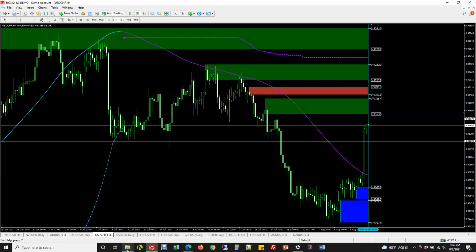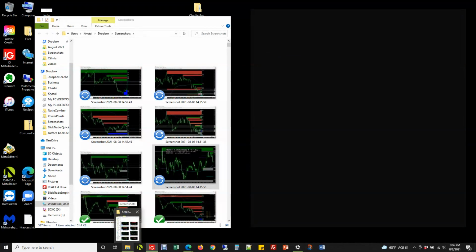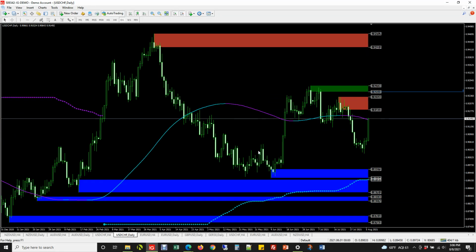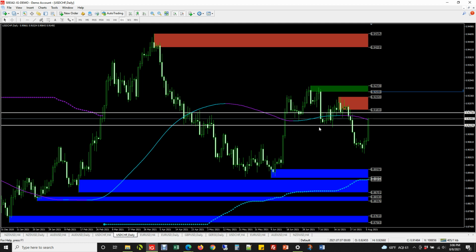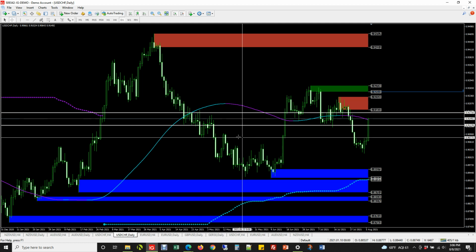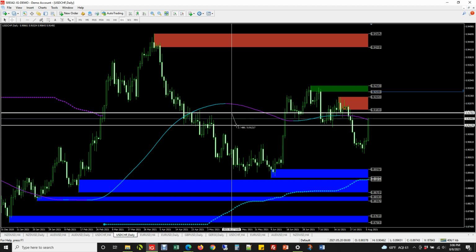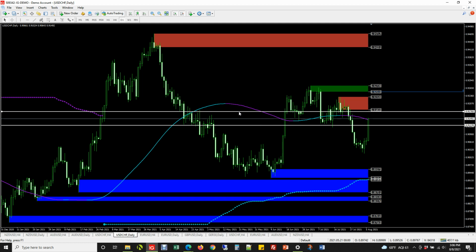USDCHF 4-hour time frame. Okay, here's the daily. Again, on the daily, you want to make sure that you're within that 100 pip range, but usually try to do a little over 50 at least.